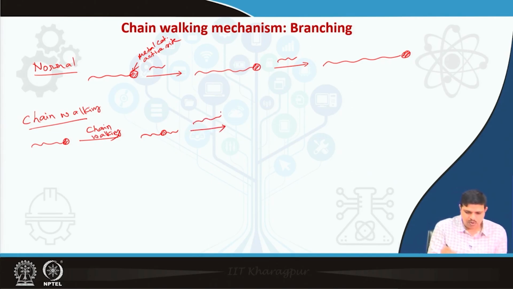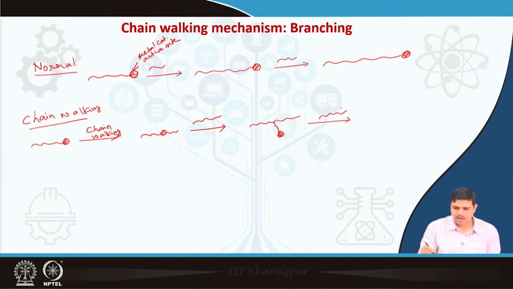Now if we have a monomer, what will happen? It is like that. Now I have another monomer. What will happen now? Now this one is longer, so this monomer inserted here.